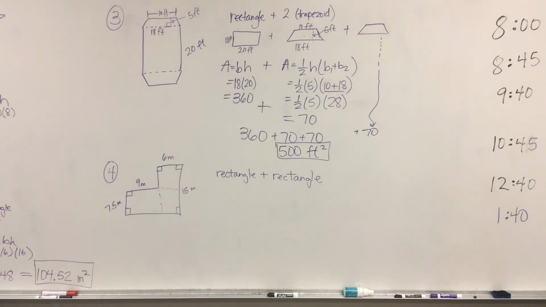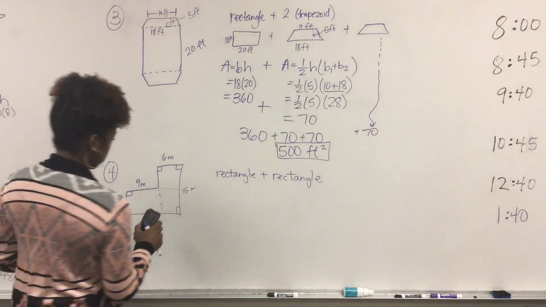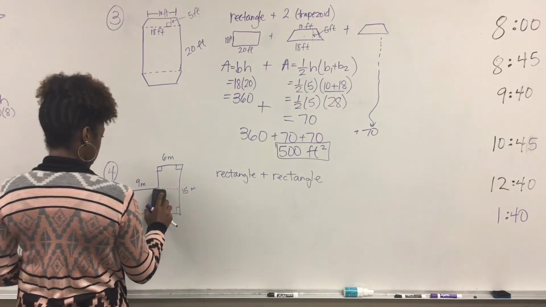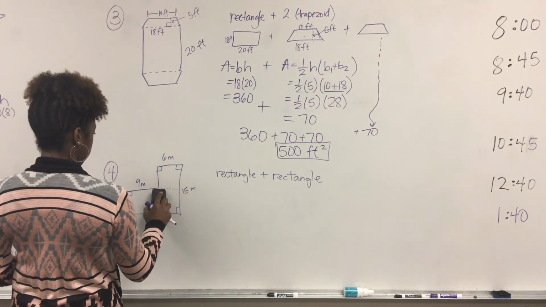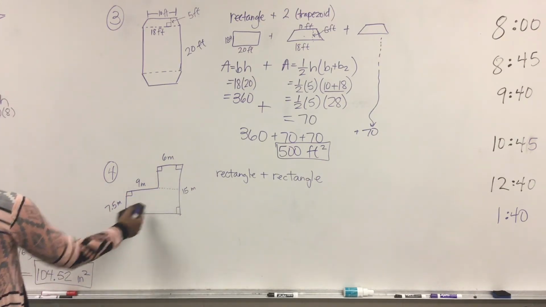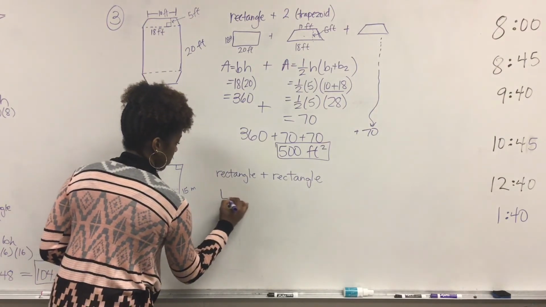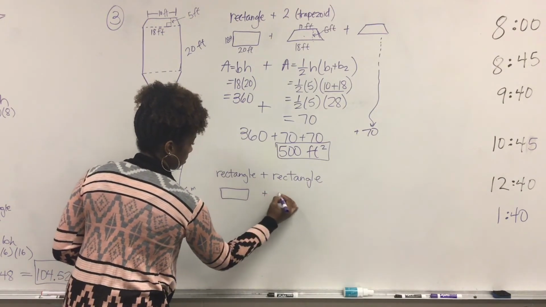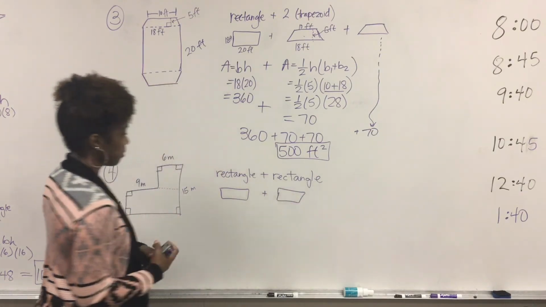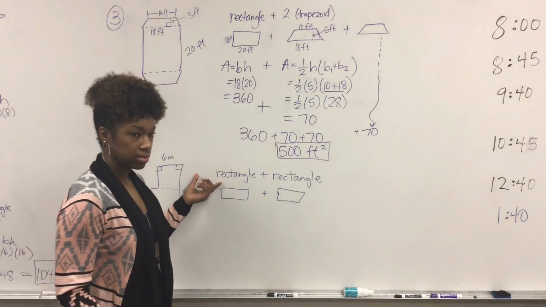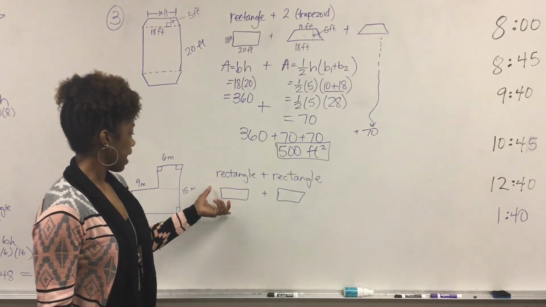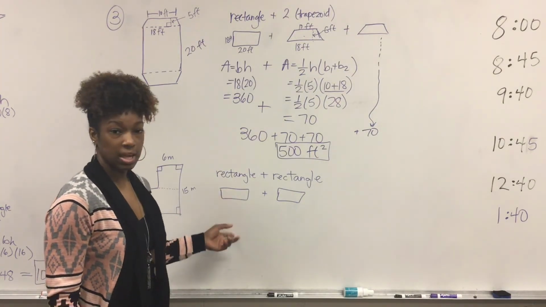I'm not going to put any thought into it, and I'm just going to erase this line. So I'm going to split it this way, okay? So I can draw two rectangles. I've written what I can see. Now I drew what I saw.